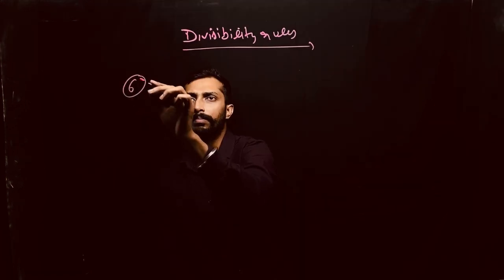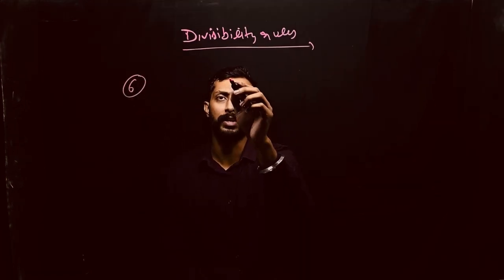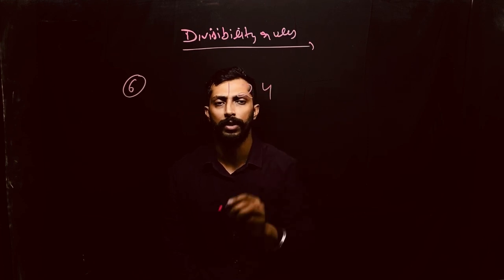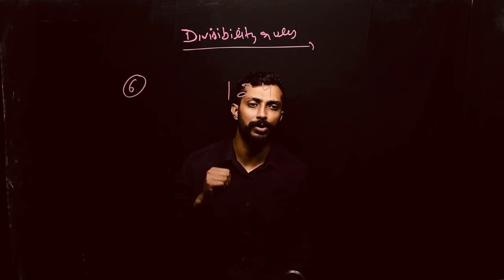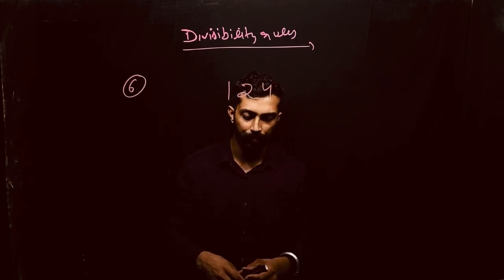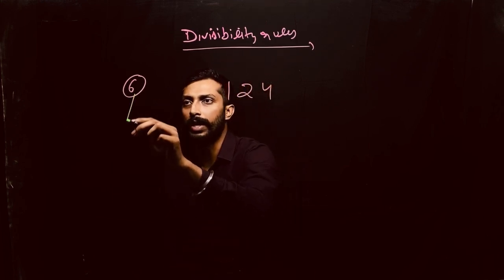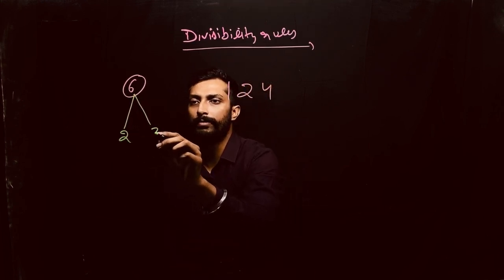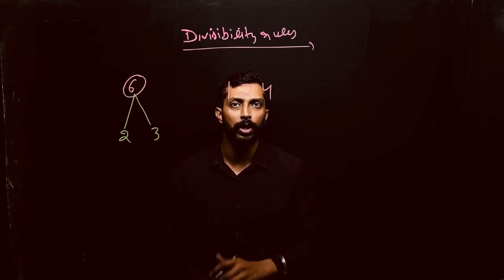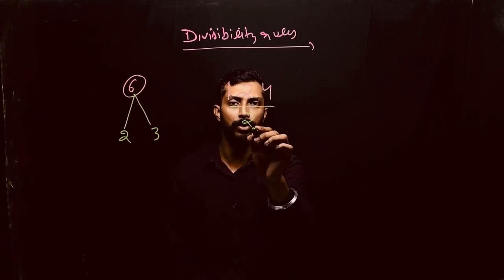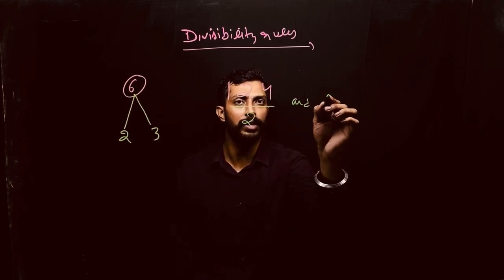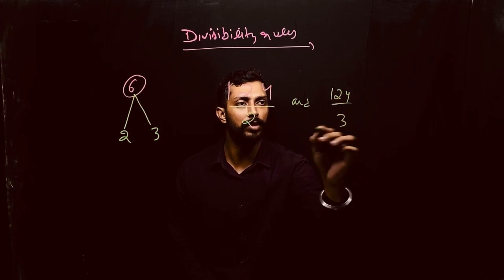Let's take the number 124. Is this a multiple of 6 or not? I'll take the co-prime factors of 6, which are 2 and 3. So this number should be divisible by 2 and also divisible by 3.